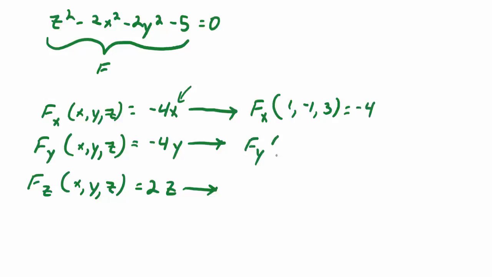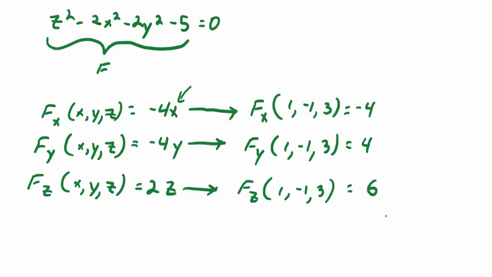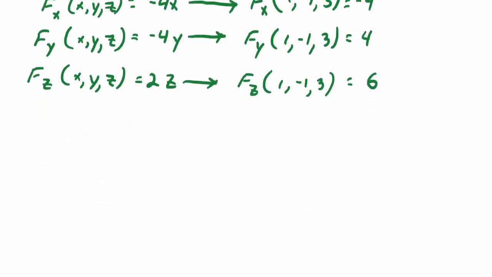F sub y evaluated at that point: plug in negative 1 for y, and what do you get? 4. F sub z evaluated at that point: I guess you're plugging in z this time. So what do you get? 6.